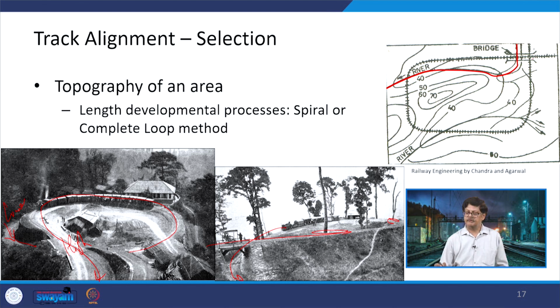Similarly, in the case of a river, shown in red in this diagram, a train is coming from this side, then it takes a turn and scales the heights, and finally a bridge is provided here and it goes back. So, it is not that it goes directly like this.